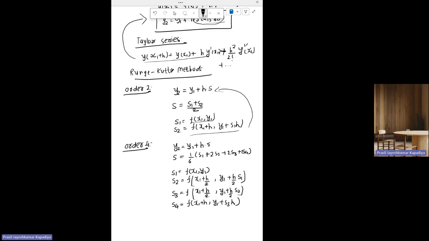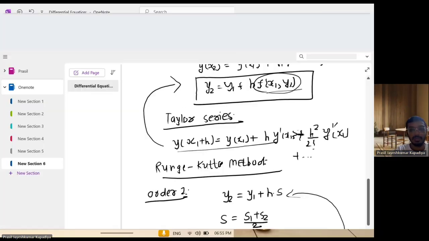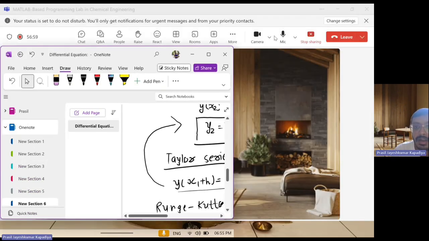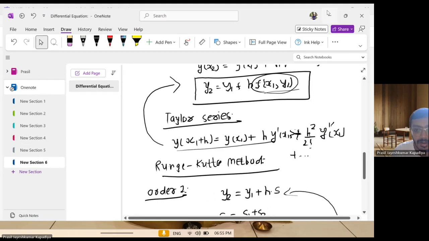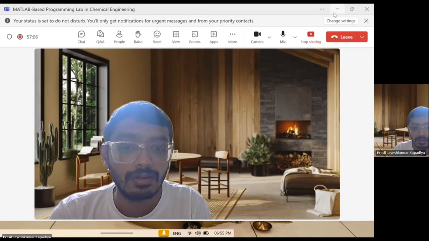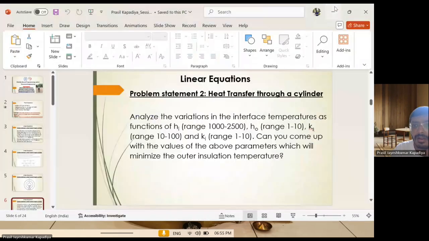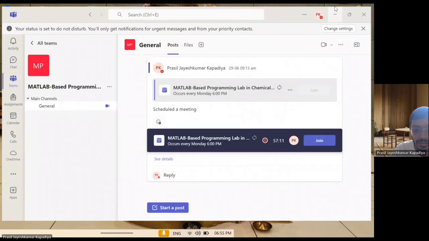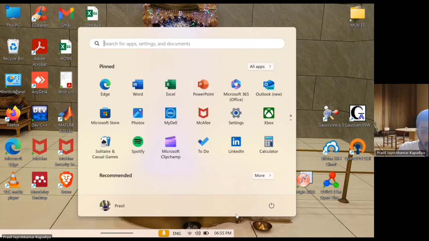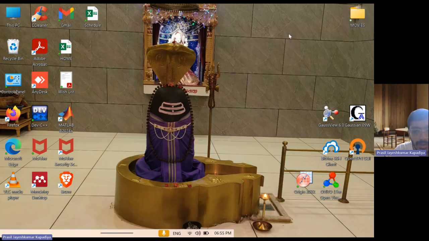Now let's try to convert this whole exercise in terms of code. Give me a minute for the laptop to settle down. How do I open Teams now?